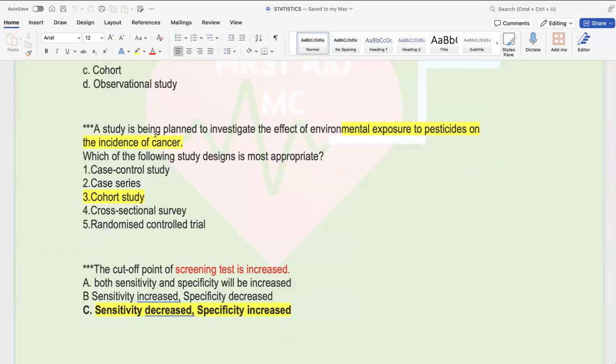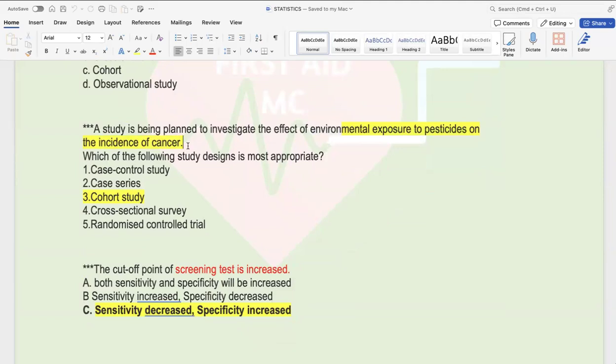Like this one is different. A study being planned to investigate the effect of exposure to pesticide on incidence of cancer. See how the question comes. So they are asking about the cause. The cause is exposure to pesticide and the effect is cancer.